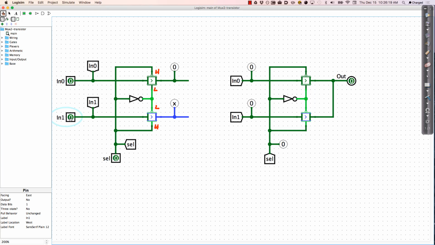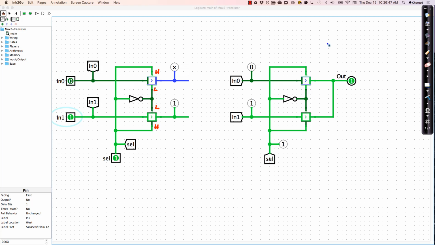And as you toggle input 1, nothing comes through. If I toggle input 0, the output is 0. If I change the select bit to a 1 and I toggle input 0, nothing gets through. But if I toggle input 1, the output follows input 1.